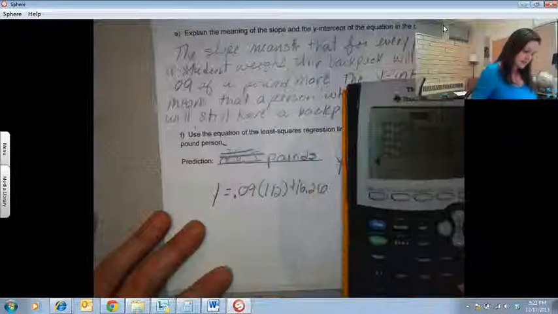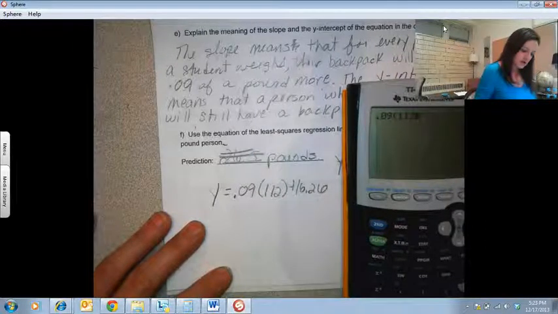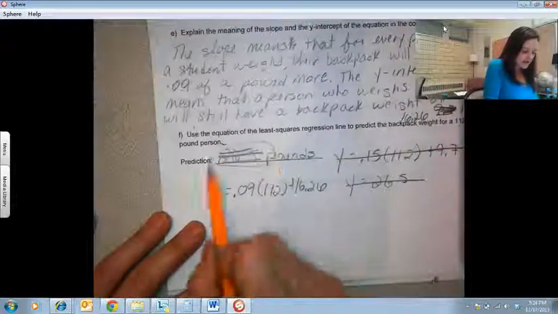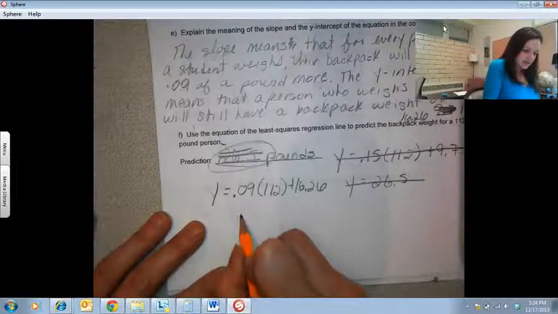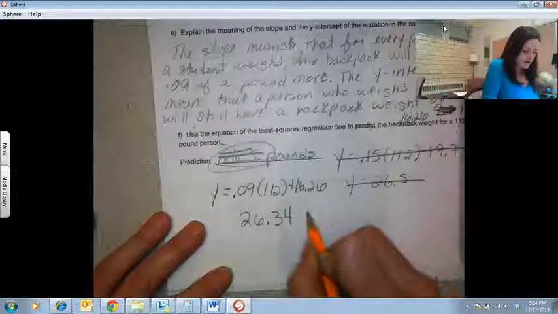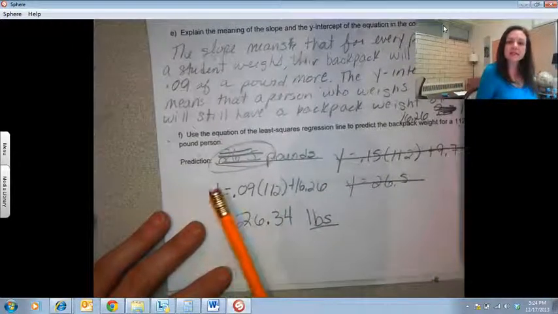And I'm just going to solve that here. 0.09 times 112 plus 16.26. Okay. 26.34, so it doesn't affect it too much, but the answer is 26.34 pounds. All right, so that's the last answer for question number 2.